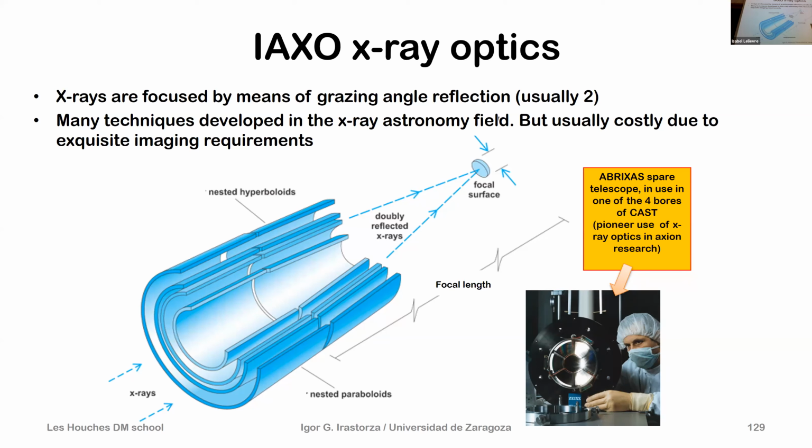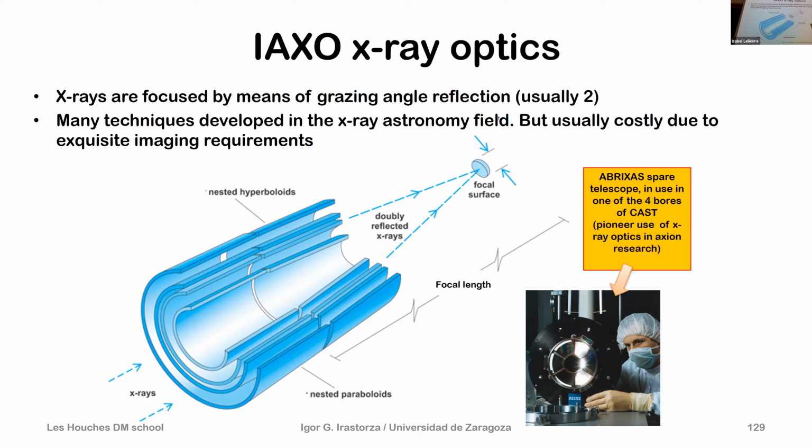And CAST has been the first telescope using this concept, and we borrowed one of these lenses from ABRIXAS's X-ray mission. So it was again an example of recycling. It was placed on one of the bores of CAST, and it's one of the early results from that.